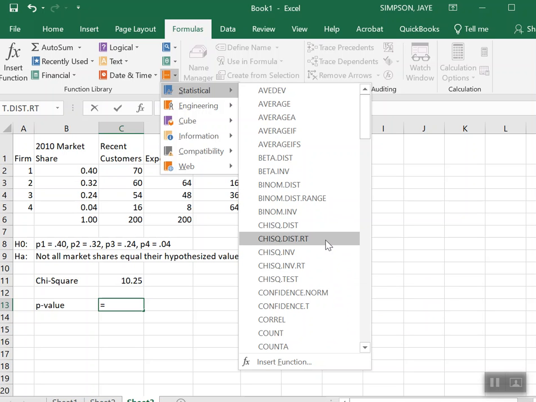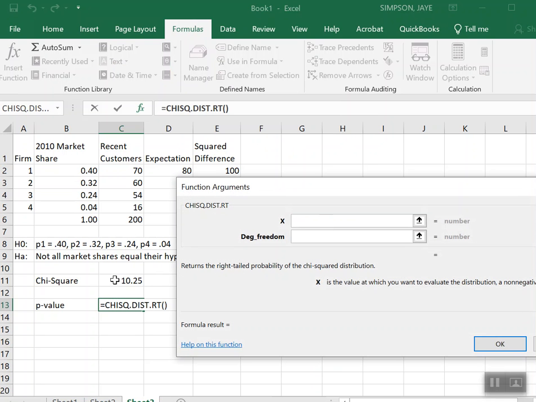We want this chi-square distribution right tail. Now notice it's going to ask us for the x value, that's the test value, that's the 10.25, and the degrees of freedom. Remember, the degrees of freedom is k minus 1. It's the number of categories, if you will, minus 1. So since we now have 4 categories because we had to combine 4 and 5, our degrees of freedom will be 4 minus 1, or 3.